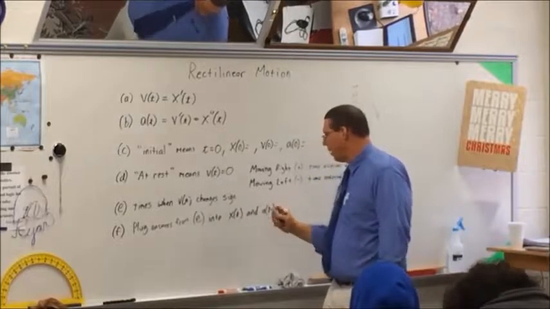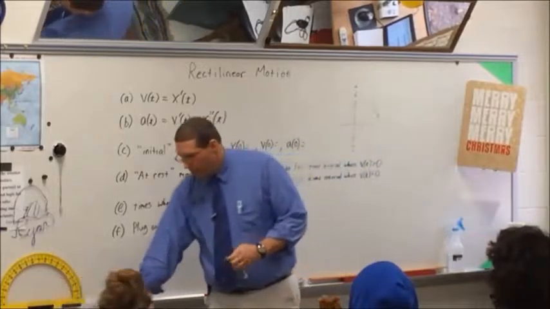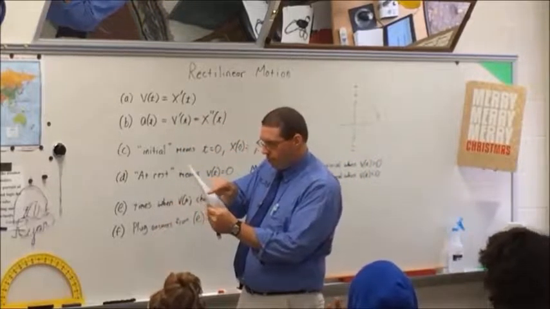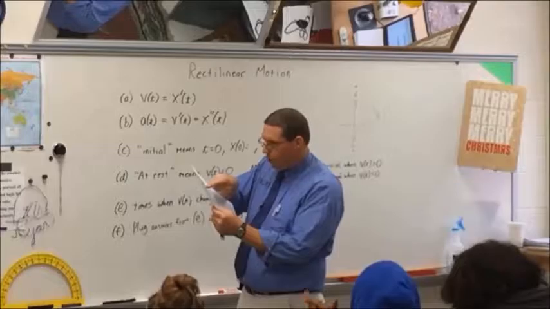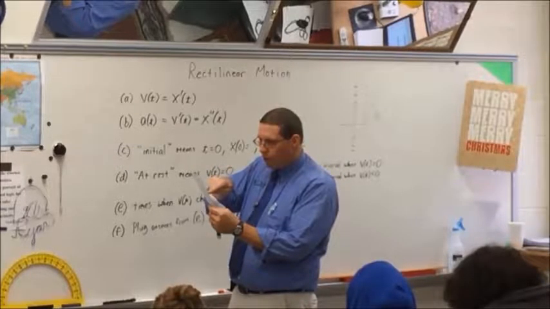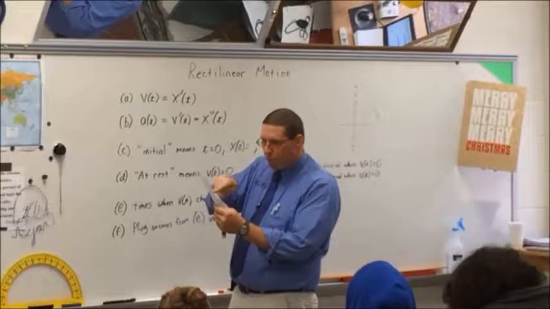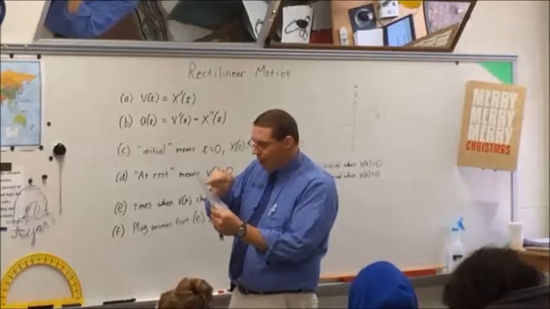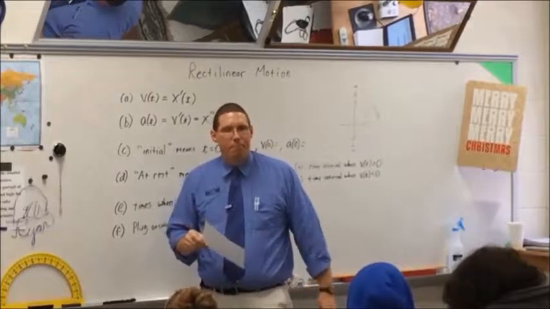If you look at my key, under F, the answers for E are t equals 1.4257, and then for the object's position, I say x of 1.4257 and then a of 1.4257.